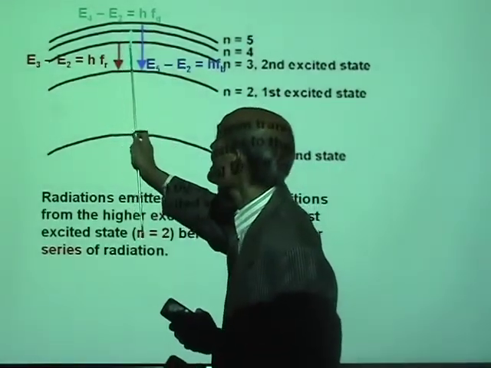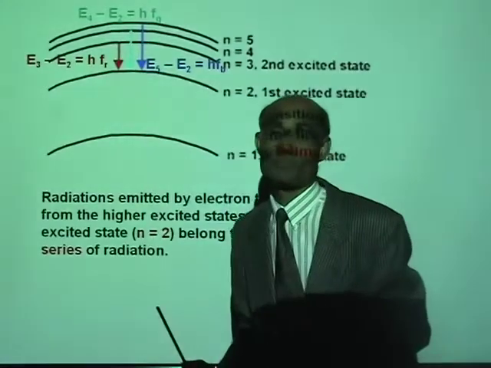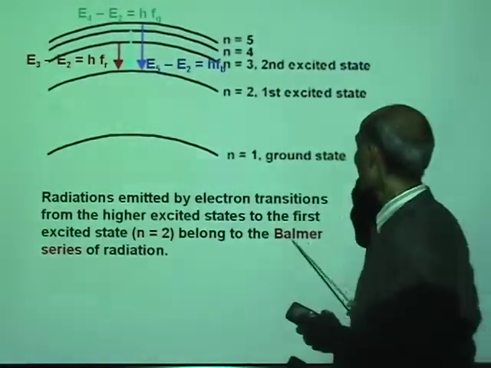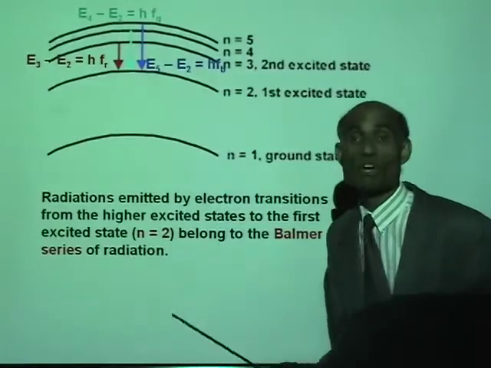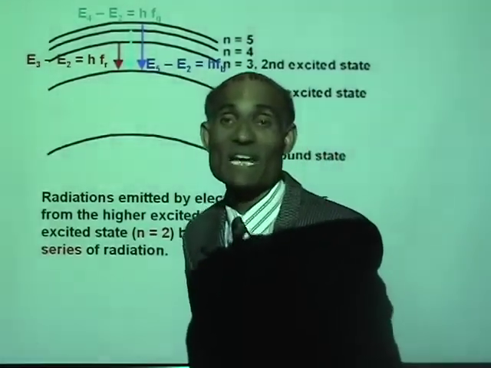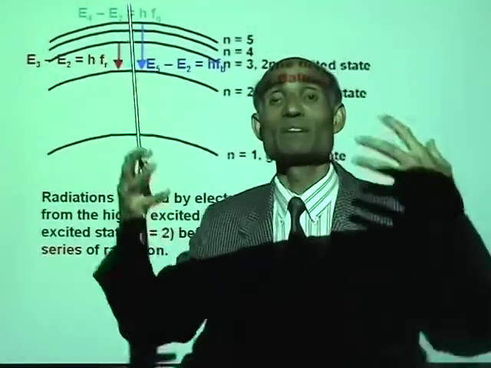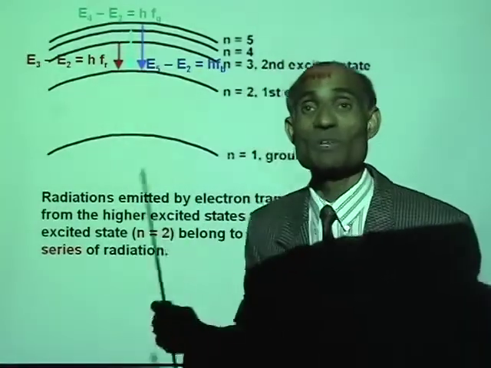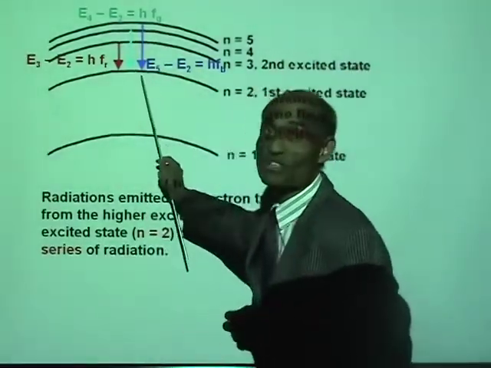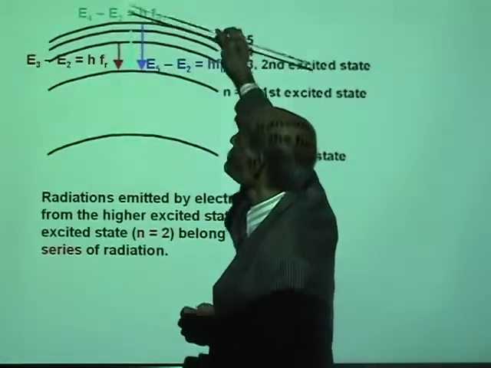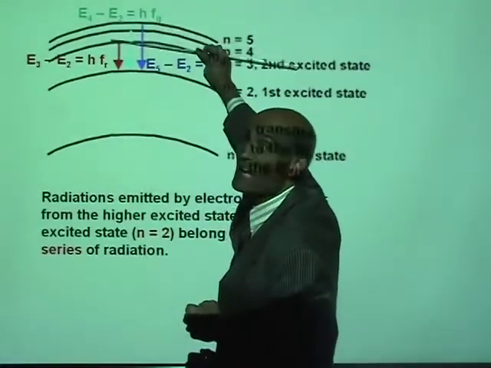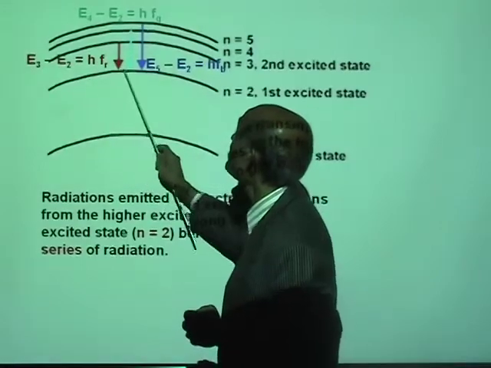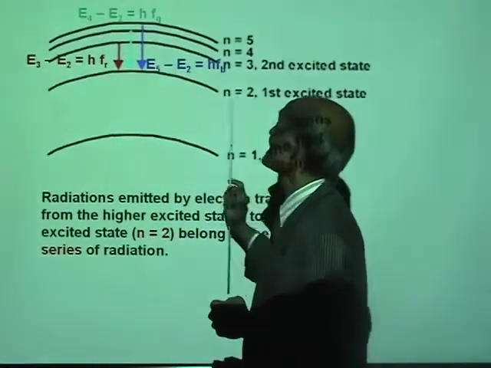Now, this series of radiation is called Bohr series. In fact, visible light, the light that we get from the sun, is produced by atoms due to these transitions. Electron transitions from outer energy levels to n equal to 2, the first excited state.